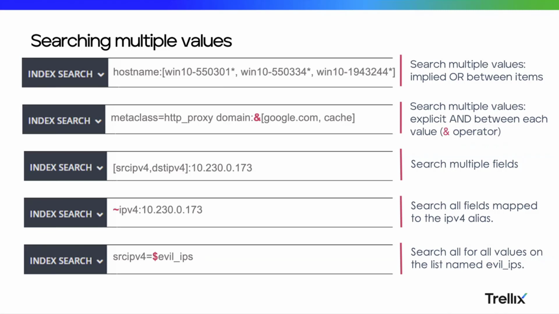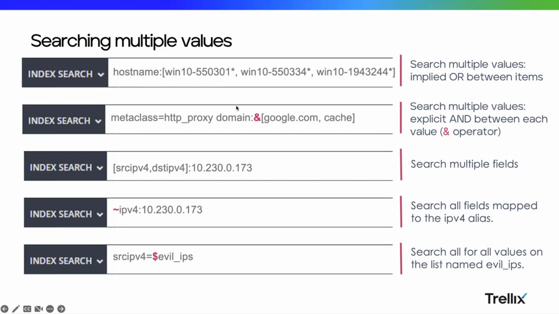But first of all, that gets long and it's a little harder to read. In this syntax with the square brackets, we just point at the field, give it multiple values, and comma separate the list. And this will be treated with an implied or, meaning any event that matches either host A, host B, or host C will get our results back.